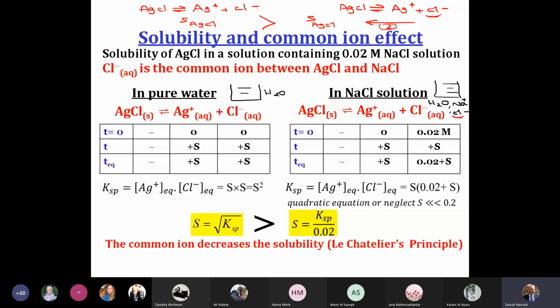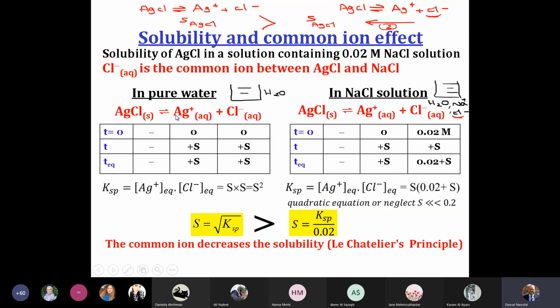You can conclude directly that the solubility in the case of the common ion will decrease. So for the solubility of AgCl in a 0.02 M NaCl solution, Cl minus is the common ion between AgCl and NaCl, so in this case the solubility will decrease. I will go to the calculations and prove that the solubility in pure water is greater than the solubility in a solution containing the common ion.